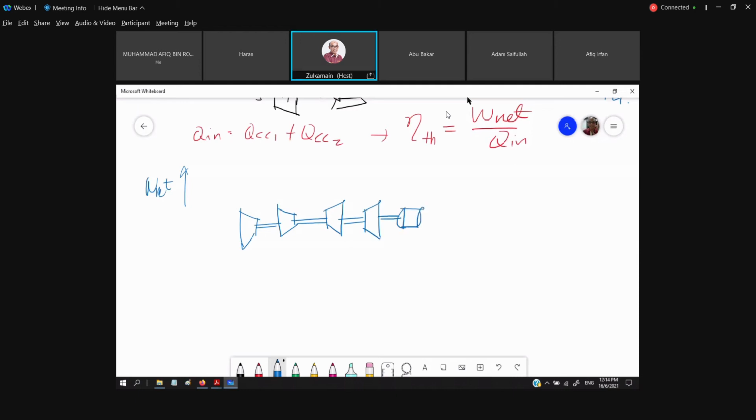The multi-stage compression with reheat, and we have our compression process with intercooler. Compressor low pressure, compressor high pressure, turbine high pressure, turbine low pressure. CC1, CC2, this is our intercooler.